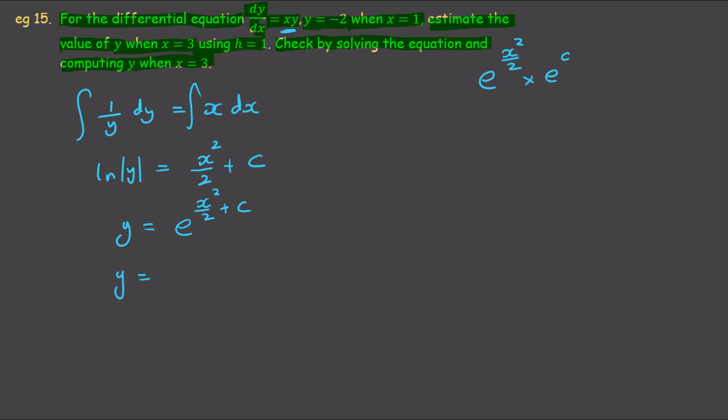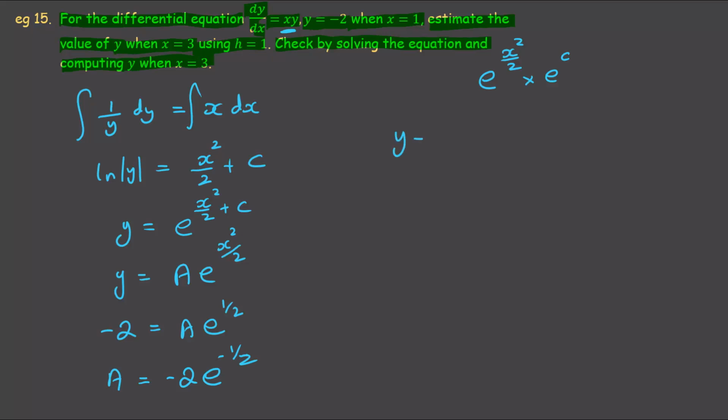So we could say that that is a e to the x squared over 2. Negative 2 is going to be a times e to the half, and therefore a is going to be negative 2 e to the negative half.